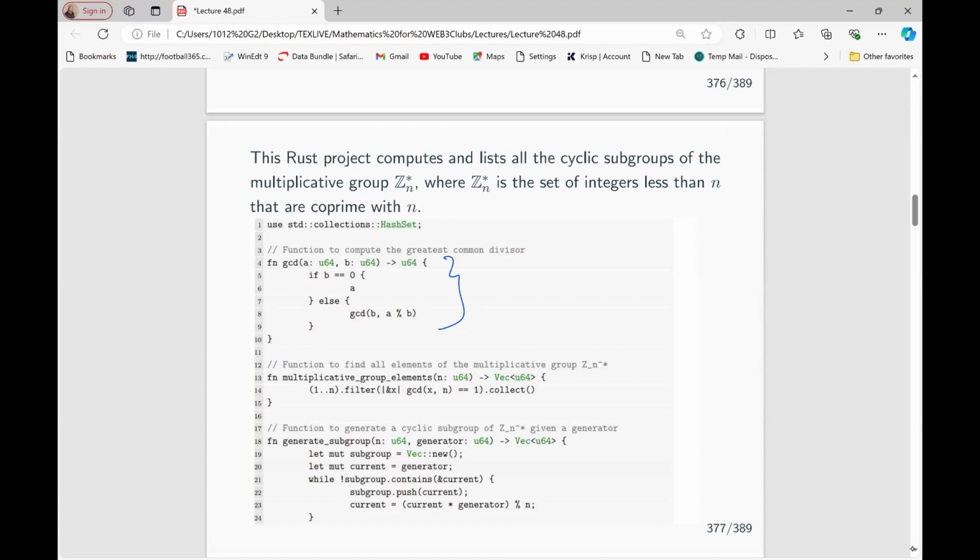This part is, first of all, to find out which elements are relatively prime to n, because the elements which are relatively prime to n are the members of this group.